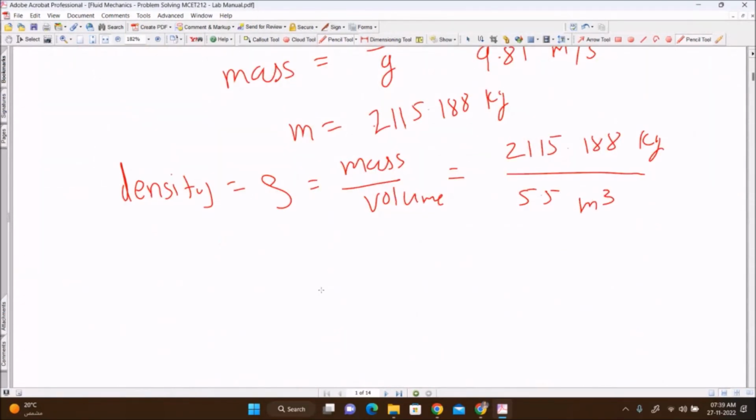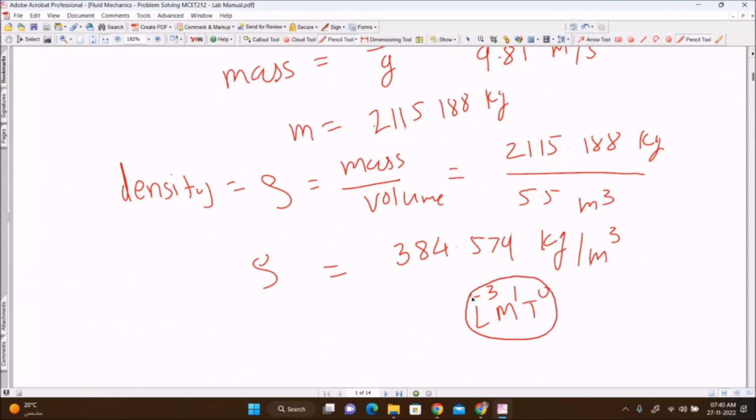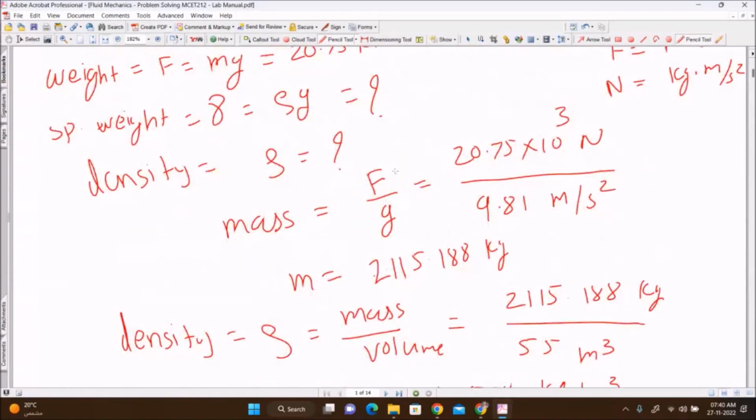The unit of density is kilogram per meter cube: 384.579 kilogram per meter cube. It is very important to understand the LMT dimension also. L is -3, kilogram is 1, and there is no second, that's why it is 0. This is a basic dimension, important for the theory part. So this is density, and now we will move to the specific weight.